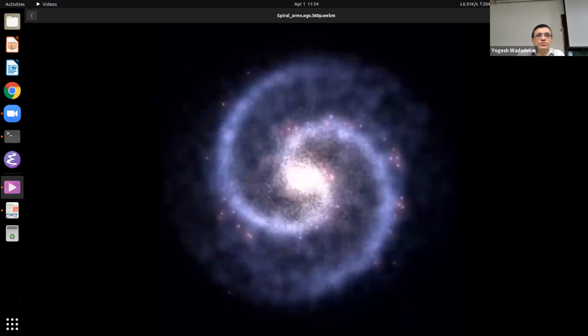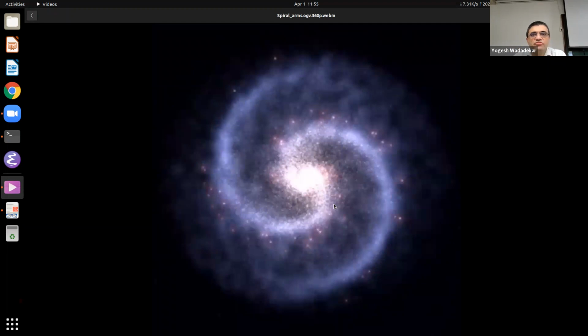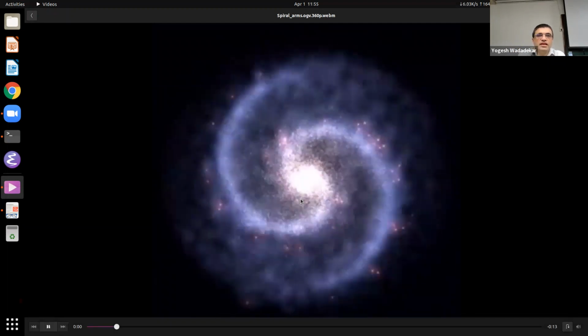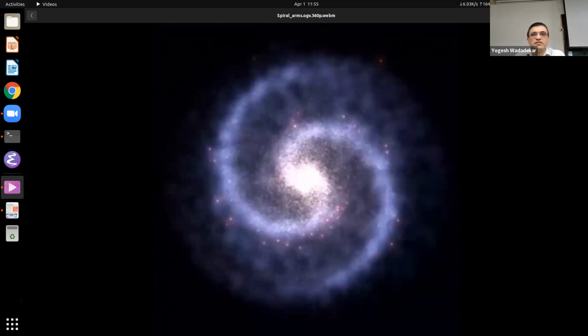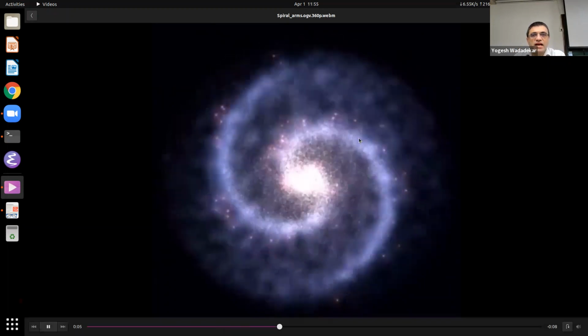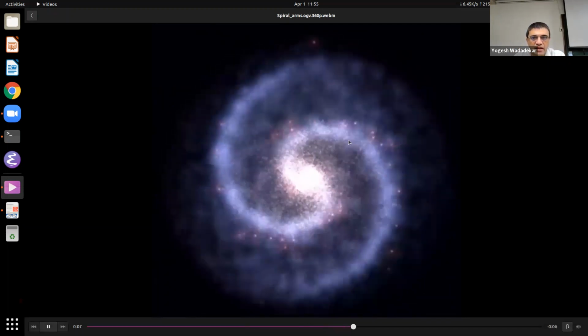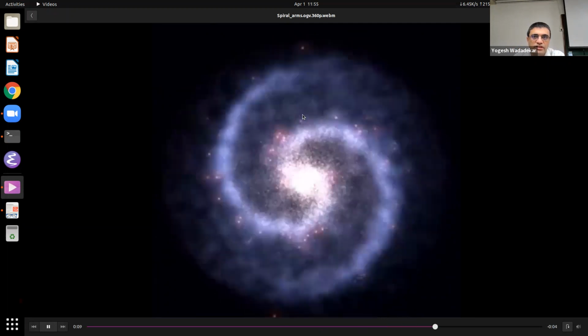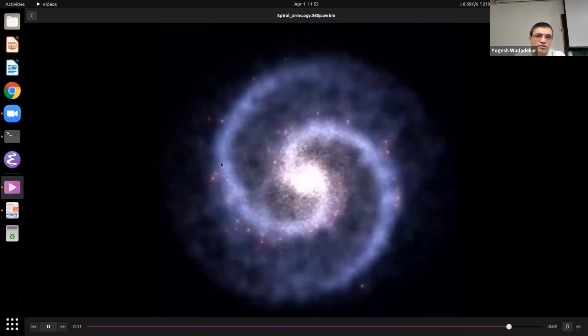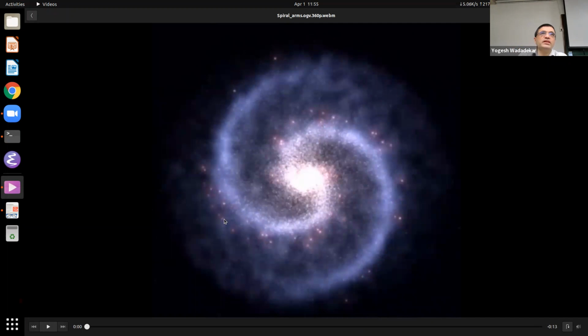Okay, so you can see what's happening. If you just try to follow individual objects, you can see that stars are drifting into the spiral arm over here and coming out on the other side. Similarly, they're going in over here and coming out on the other side. You can see all of these red points over here.